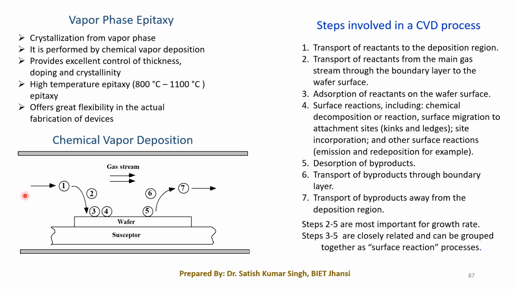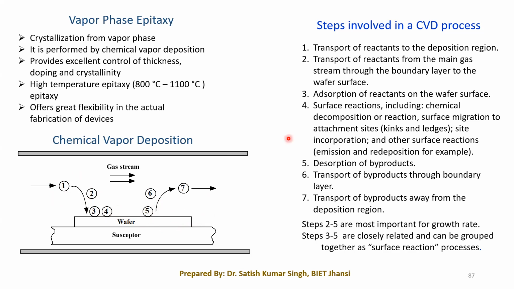These are the different sources, and they have to be sent in the form of vapors. Along with these vapors we also send a certain dopant material in the form of vapors. At that time the reaction will take place, and automatically this dopant material will also get incorporated within this silicon layer, and by controlling the flow rate we can control the doping profile.